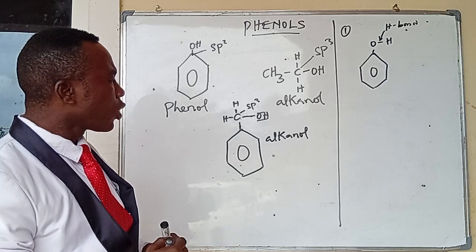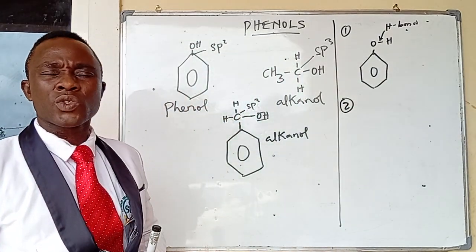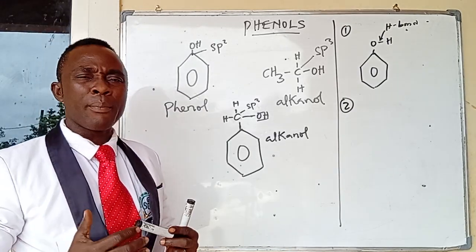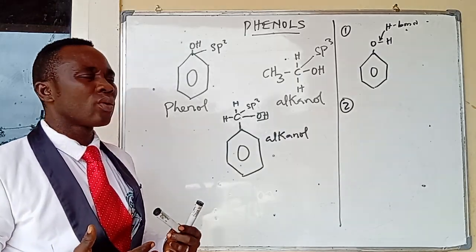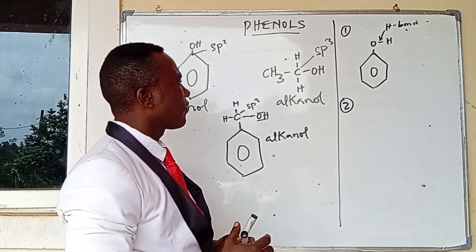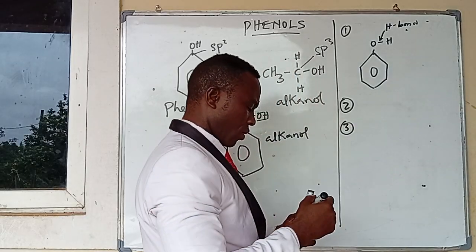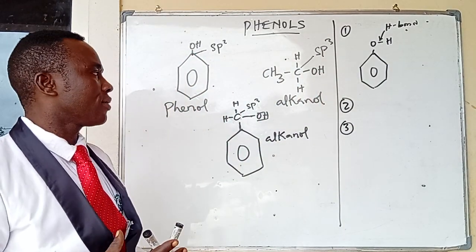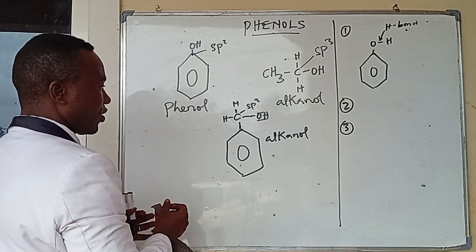Number 2, phenol is a colorless solid, although it can be oxidized when exposed to air and the color changes to brown. Number 3, phenol has a characteristic smell, the phenol smell.